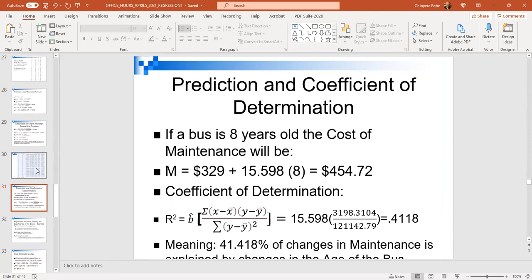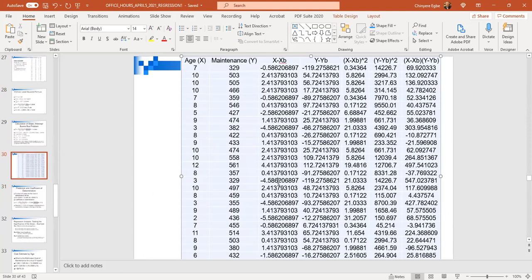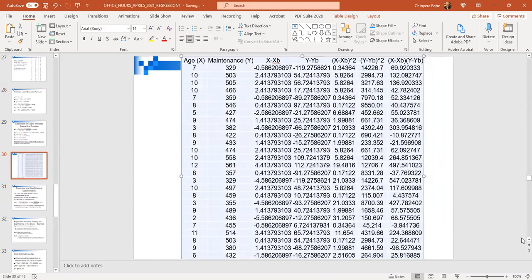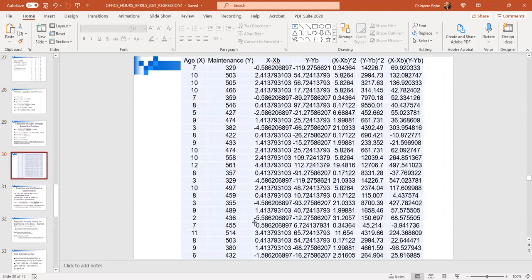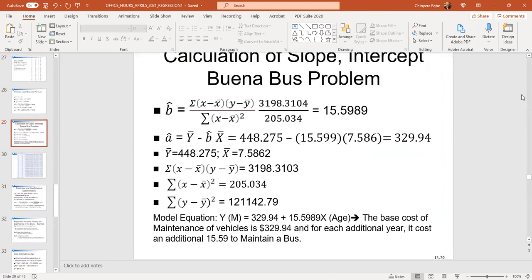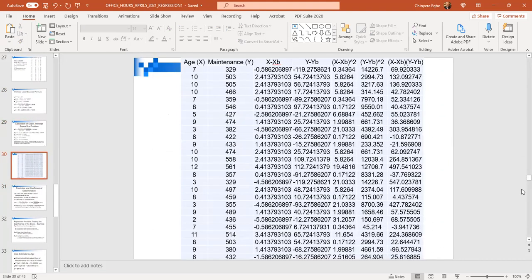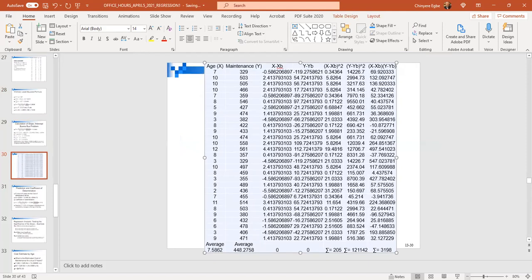I'm going to try to reduce this. It's not showing. I'm just going to reduce the zoom instead of 100. Oh yeah, thank you so much.